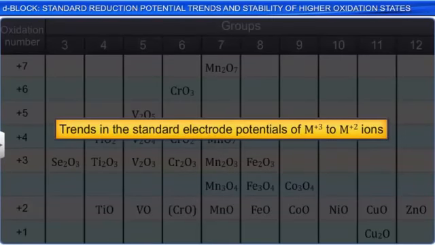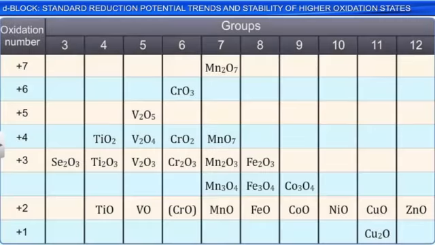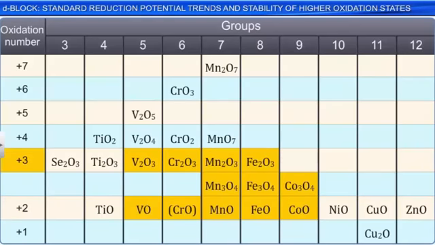Not all the first row transition elements have the same pairs of stable oxidation states. The elements from vanadium to cobalt are chosen because they all have +2 and +3 states, for which reliable experimental data are available. The observed electrode potentials for these elements are shown in the table here.